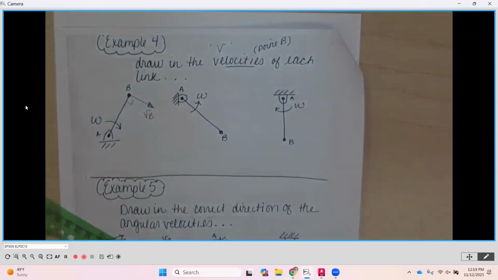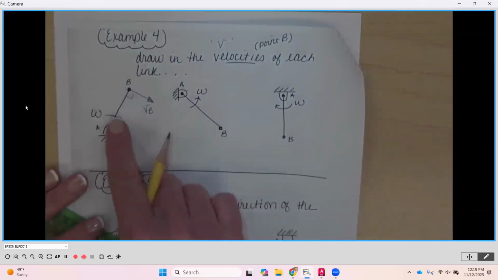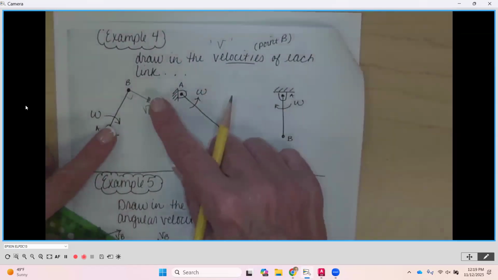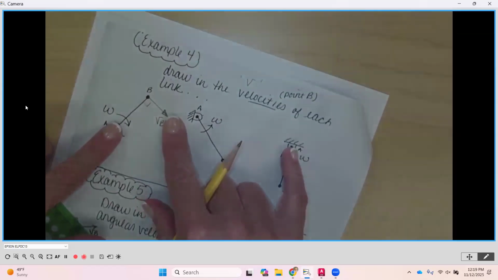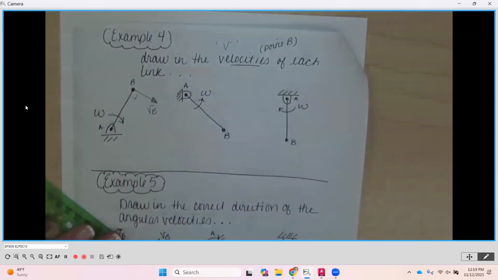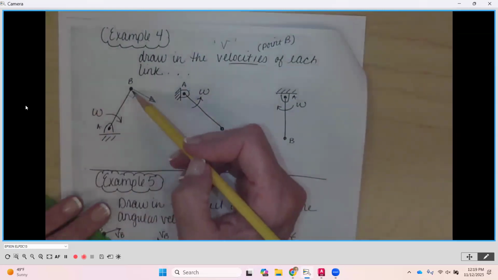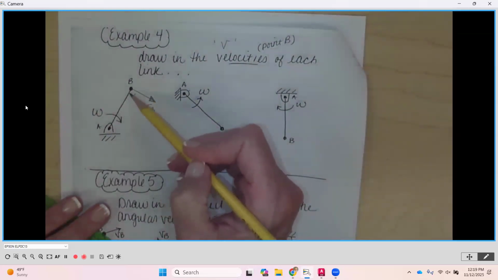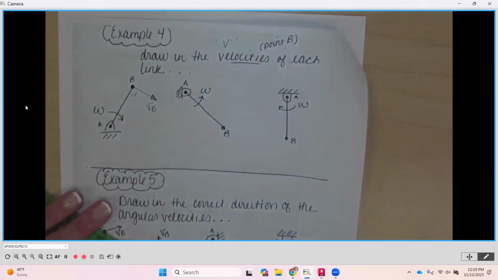Notice that it's consistent with the direction of rotation, right? If I put my finger on A and pull in the direction of velocity of B, it would be consistent with the rotation of that link. And it's also going to be perpendicular to that radius of rotation back to point A.